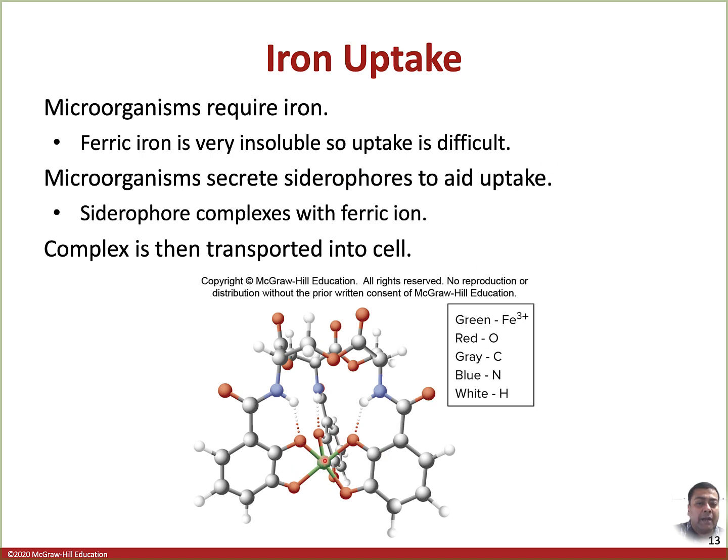So this is the iron, and you can see right here, this organic molecule is coordinating that iron, and this complex with the ferric iron, the siderophore, can be transported into the cell by a specific transporter, and this is the way that they can take up the iron through the plasma membrane. So this is one of the important things, please remember this.